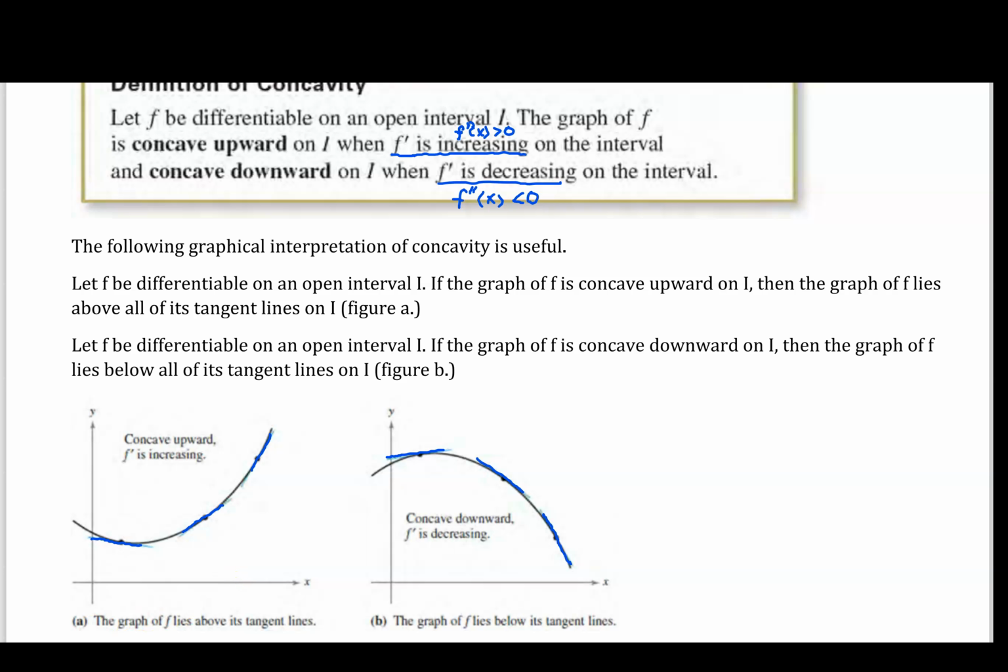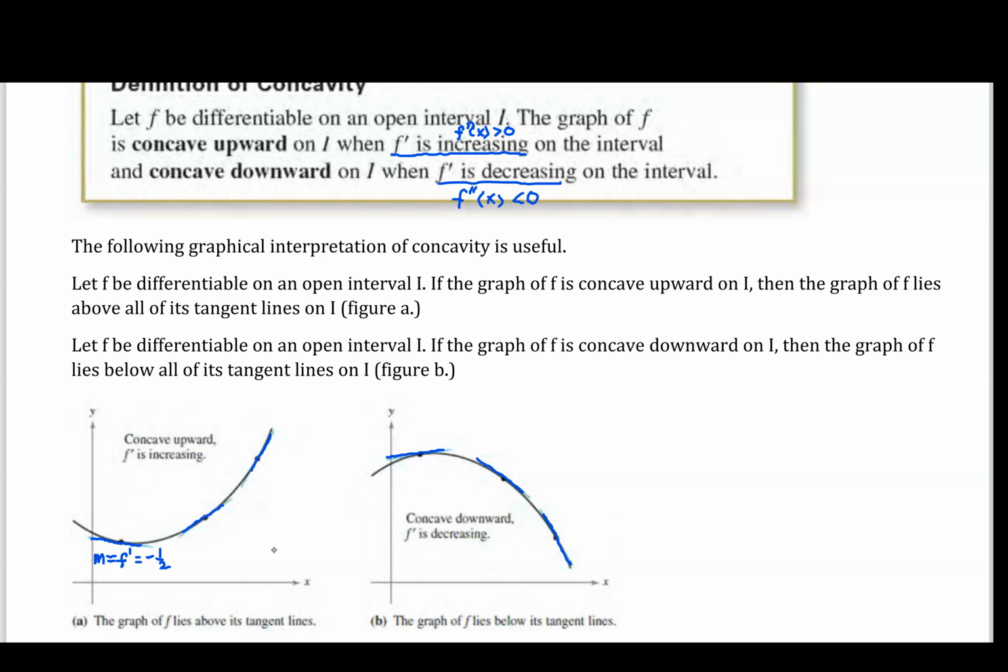And moreover, for this graph here, we have concave upward, and the first derivative is increasing. When you say first derivative, that is the slope, right? The slope of the function here is actually negative because it's leaning towards the left. So for instance, this is just negative 1/2.